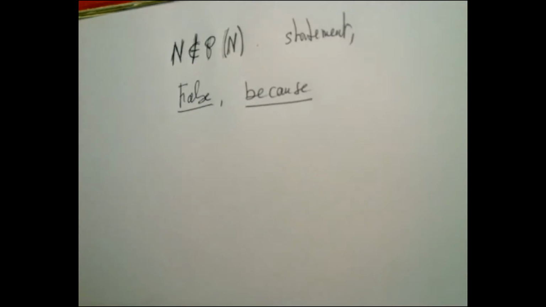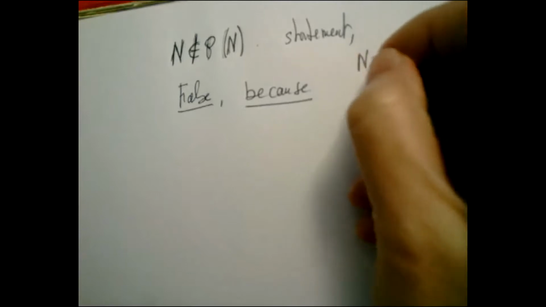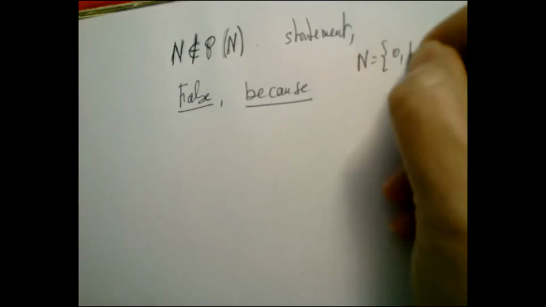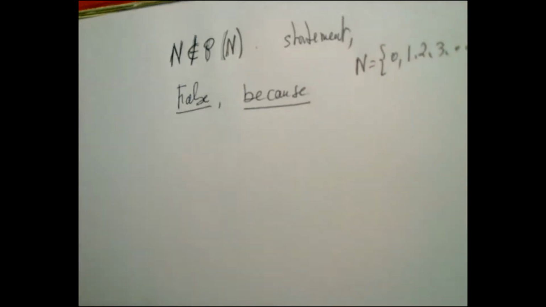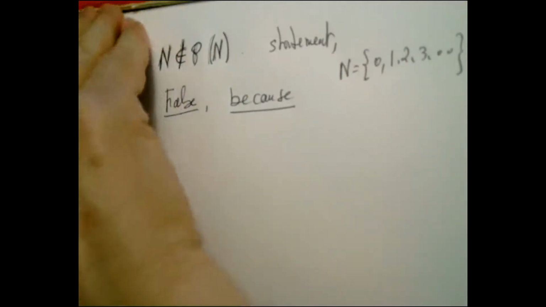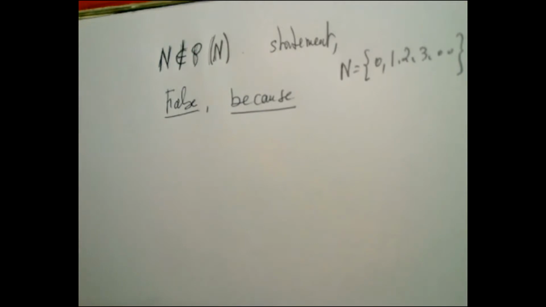N is a set by itself. Yeah, N is a set. Okay, so why is this not true? How would you justify?